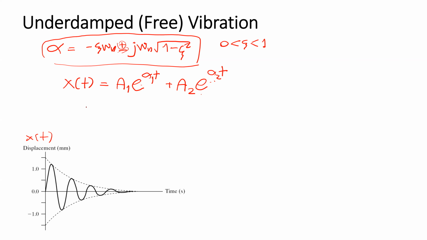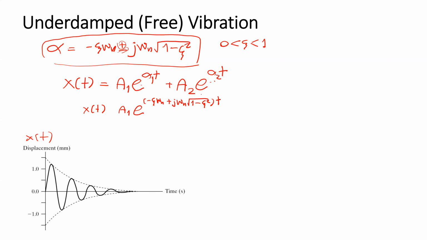So the response is equal to a1 times e to the power of the first root, which is minus psi omega n plus j omega n square root of 1 minus psi square, t.